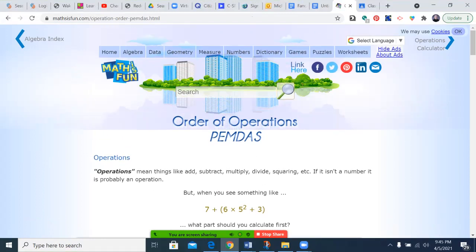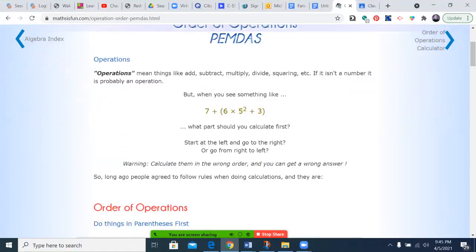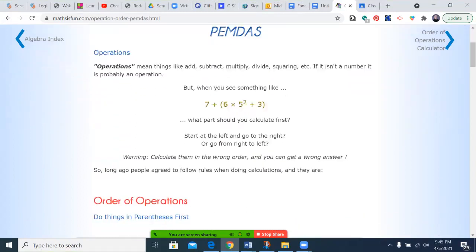And you might be familiar with PEMDAS, or Please Excuse My Dear Aunt Sally. That is a mnemonic for remembering what order things should go in. And by operations, we mean things like add, subtract, multiply, divide, squaring, all of those different elements that involve numbers and an operation.